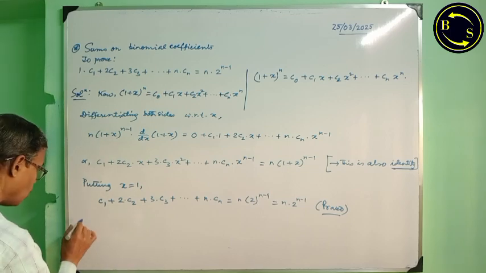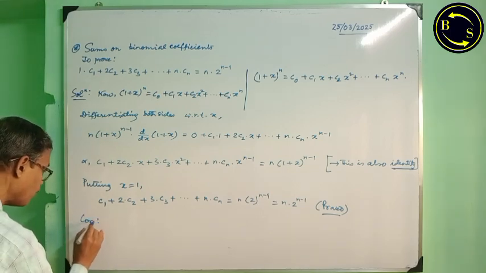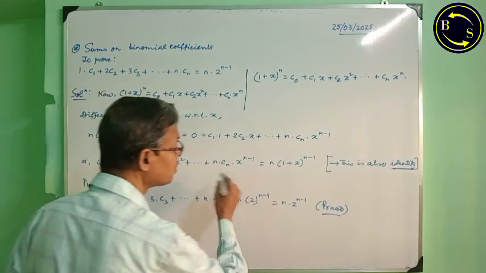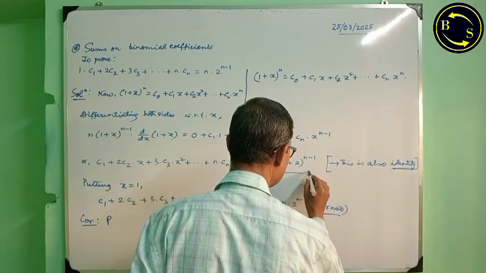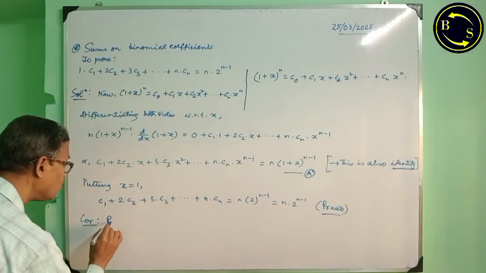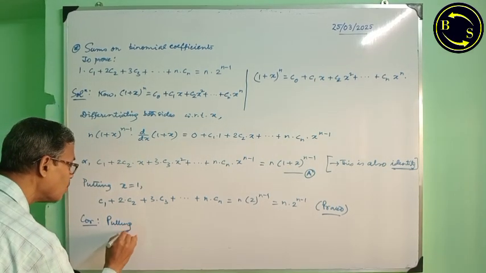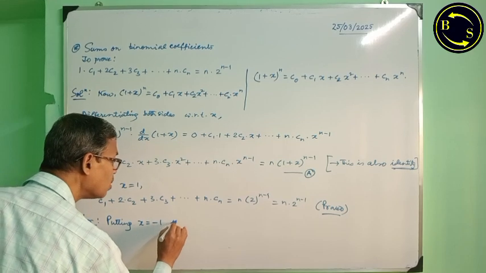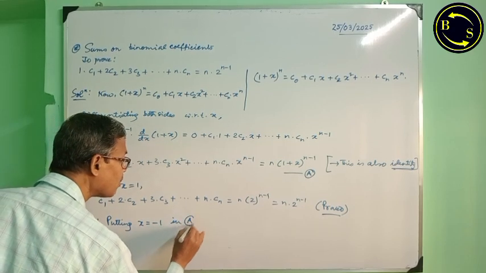I take that as a corollary. Call this identity number, say A. Putting x equal to minus 1 in A.